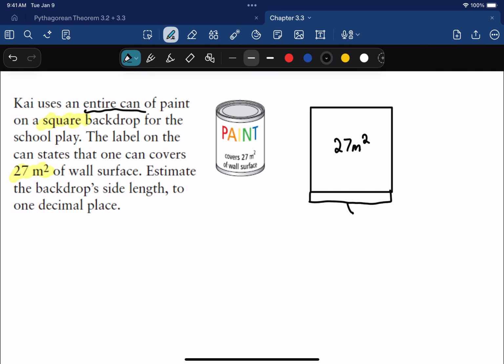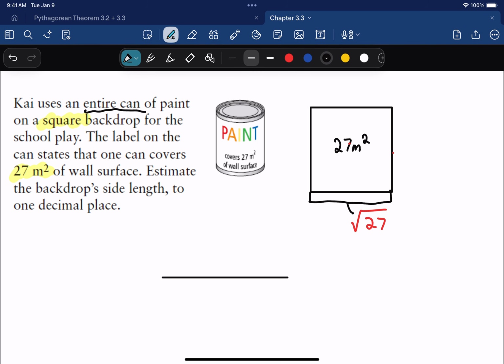Well, this side length would be the square root of 27, because this is a square, of course, and so side length times side length equals the area. So the square root of our area would be this answer. So square root of 27. So now we're going to take our number line, our friendly number line that we've been using, and we're going to find our two perfect squares on either side.